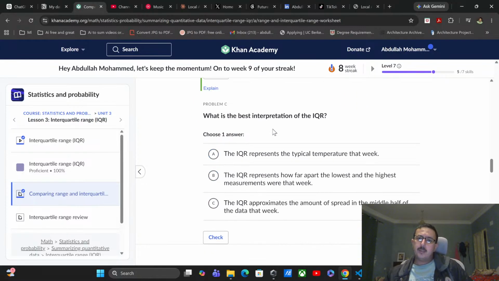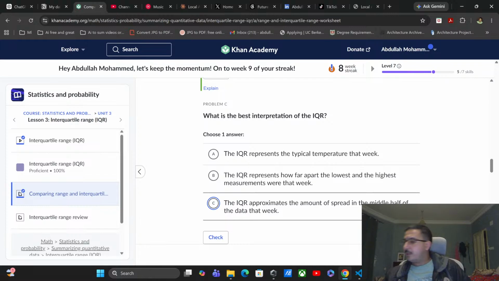What is the best interpretation of the IQR? The IQR represents the typical temperature that week. IQR approximates the amount of spread in the middle half of the data that week.